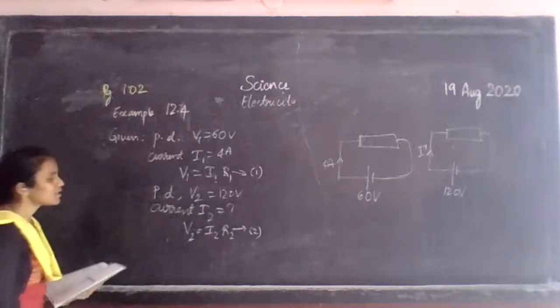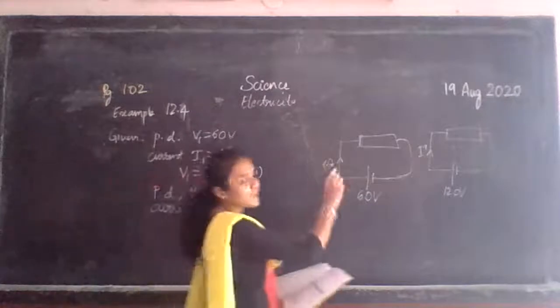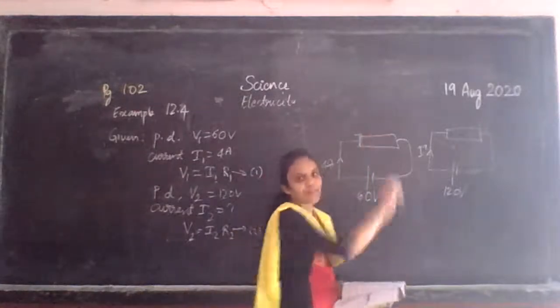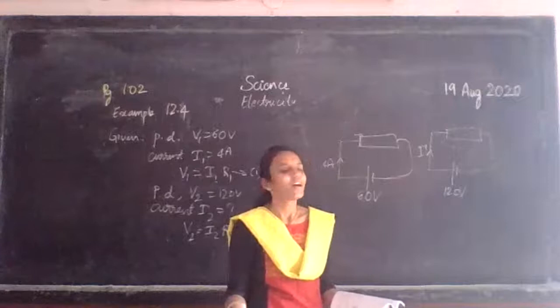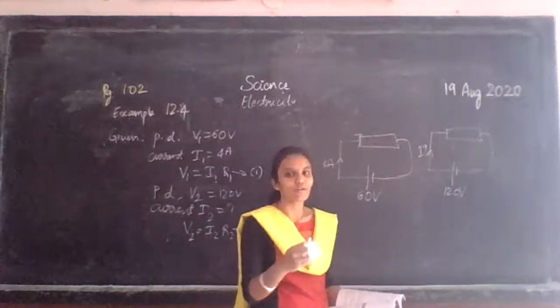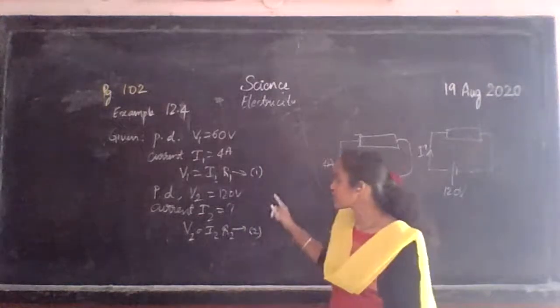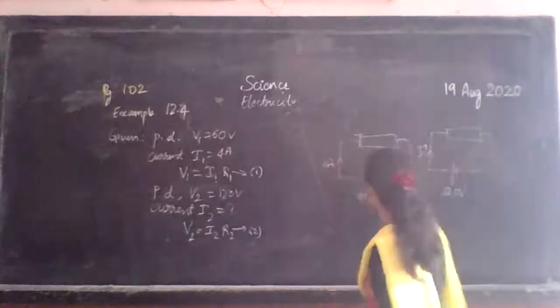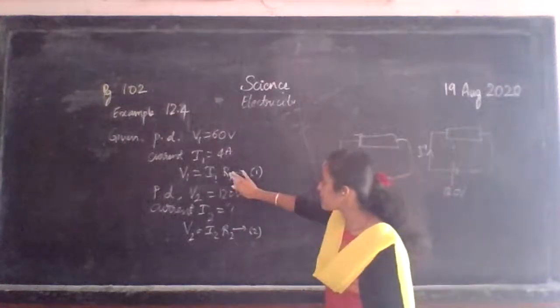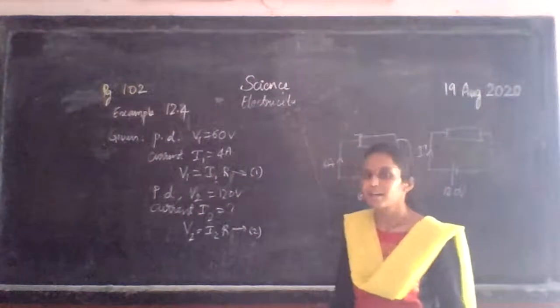See, the heater was the same, they changed the potential difference, and so the current changed. But the heater is the same, so the resistance of the heater will always be the same in both the cases. So R1 is equal to R2. So I just write it as R, where R is the resistance.